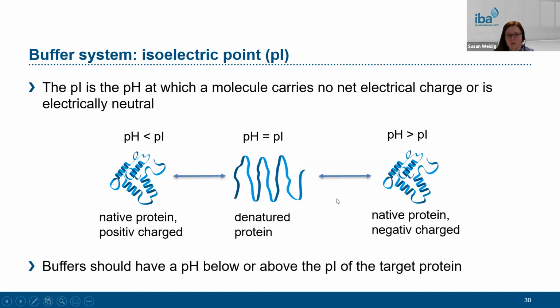So the buffer should have a pH below or above the pI of the target protein. Then you have a natively folded protein.